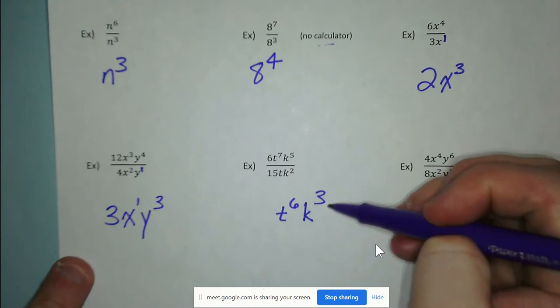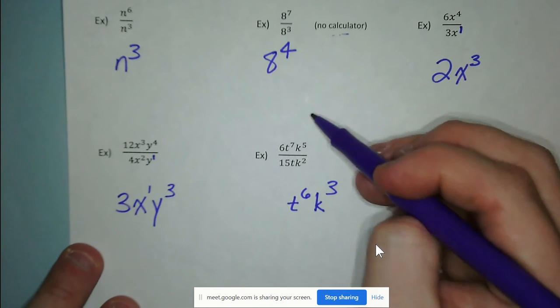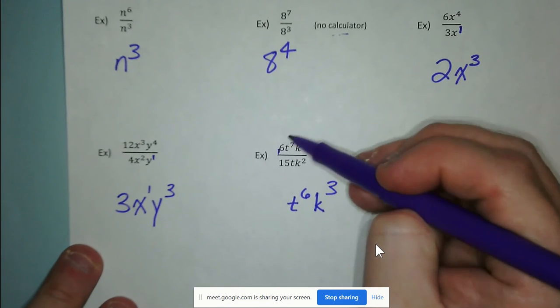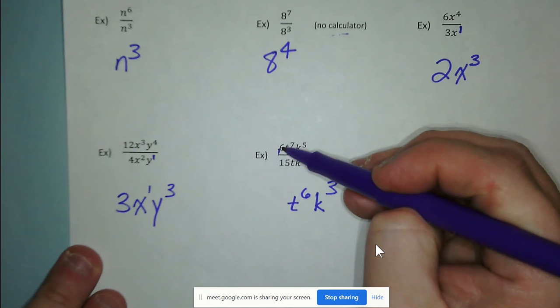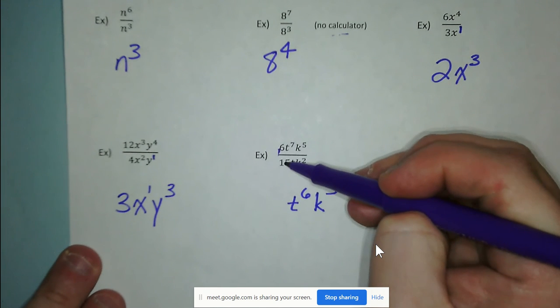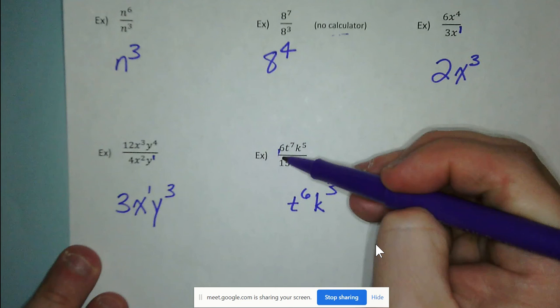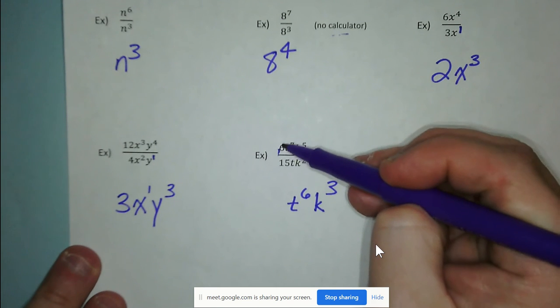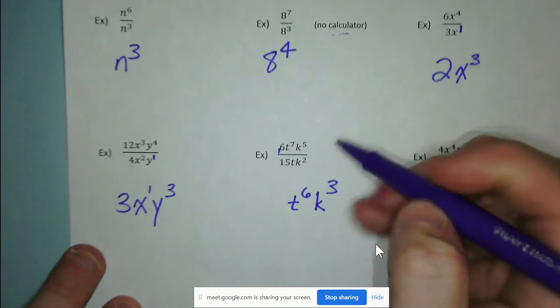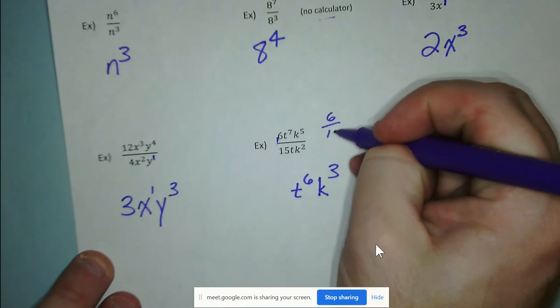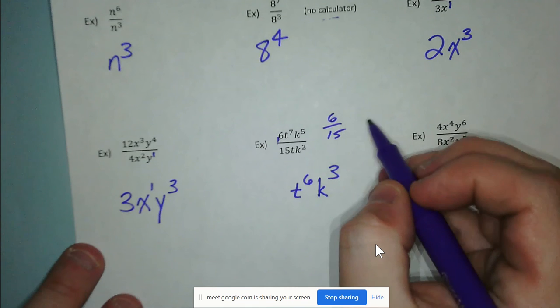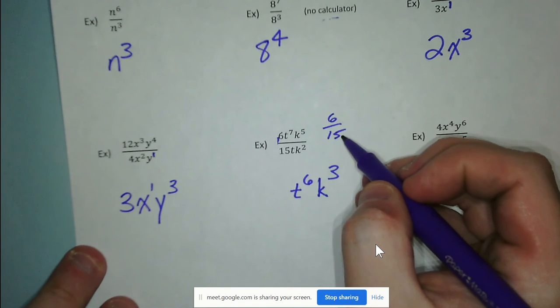You can just subtract. Now, once again, we can't be confused when it's plain old regular 6 over plain old regular 15. These aren't powers. You would not subtract 6 and 15. That's literally 6/15. Think back to 5th or 6th grade.